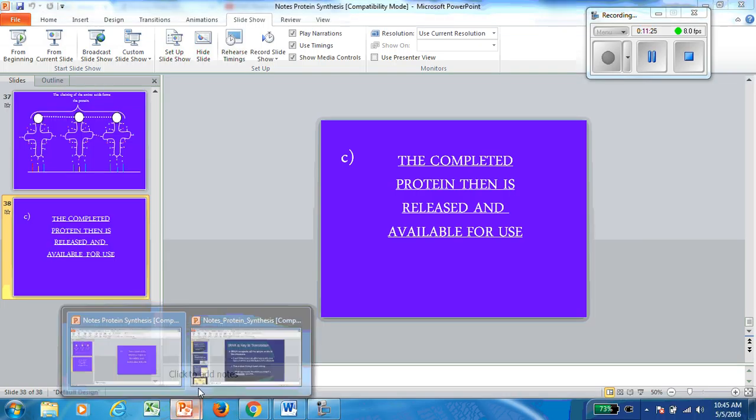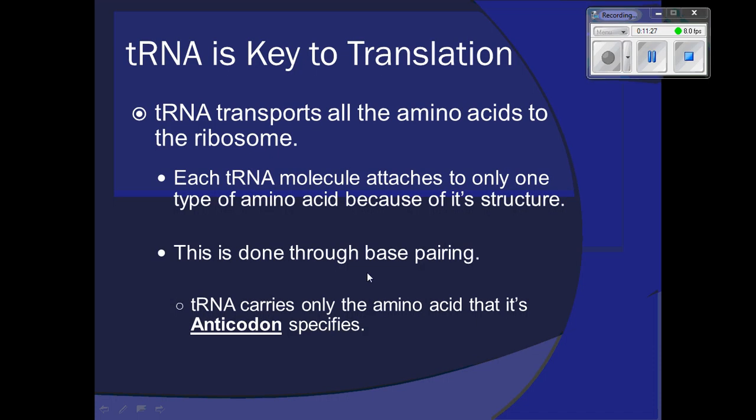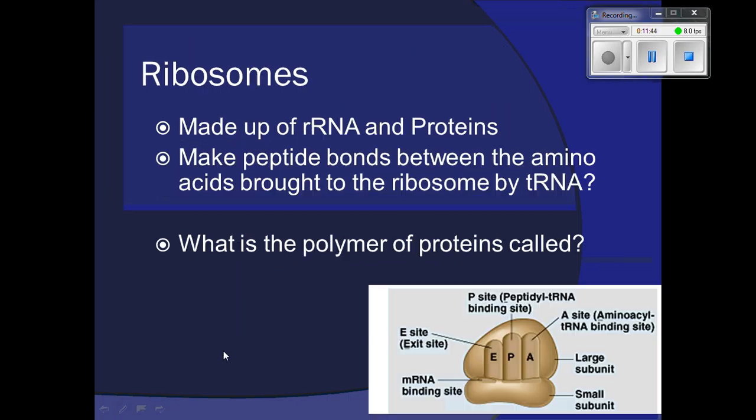So looking at, again, going back to our notes here, the transfer RNA is the key to the translation. It transports all the amino acids to the ribosome. Each transfer RNA molecule attaches to only one type of amino acid because of its structure, right? That's done by the base pairing called the anticodon, right?